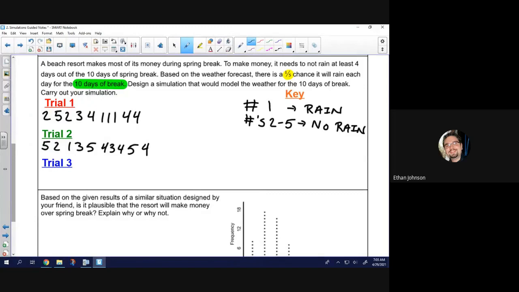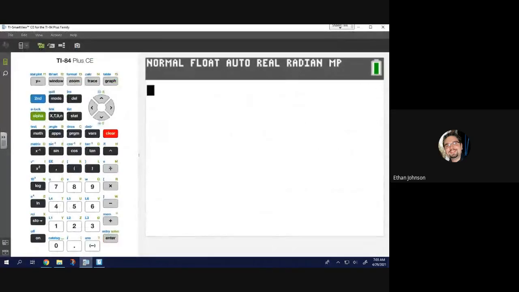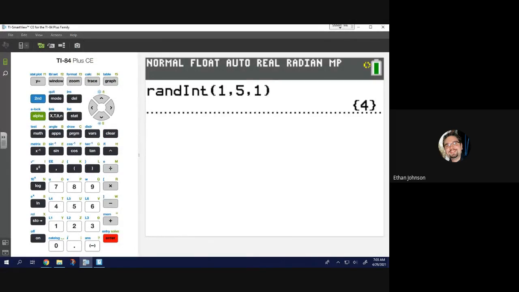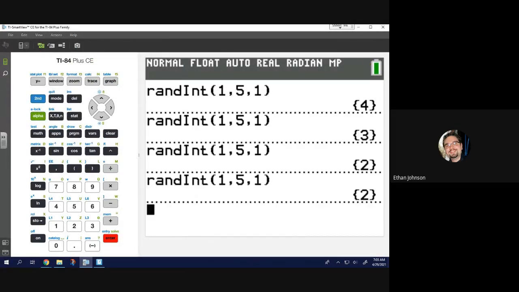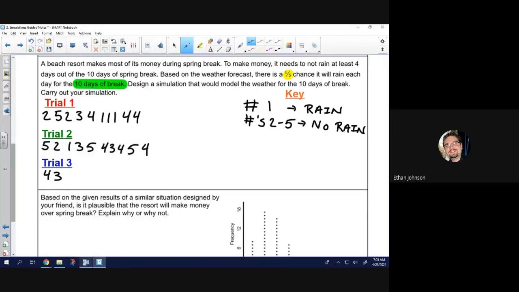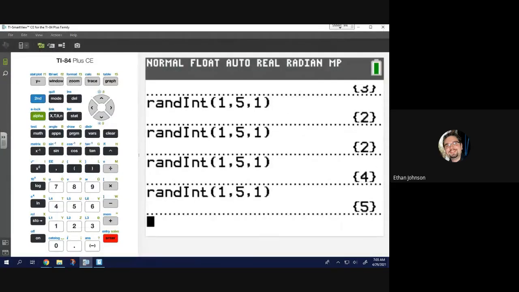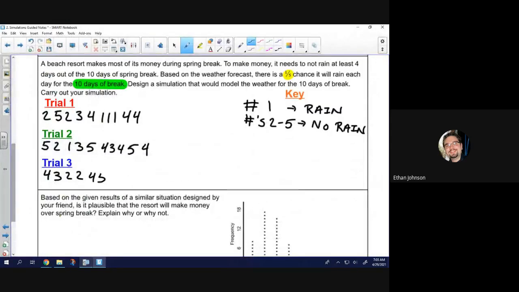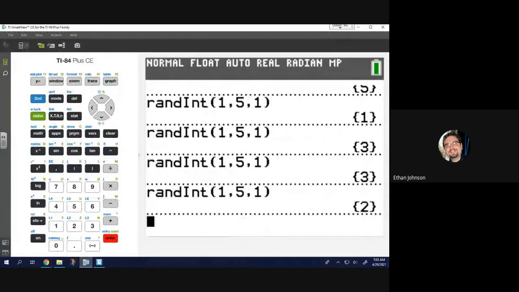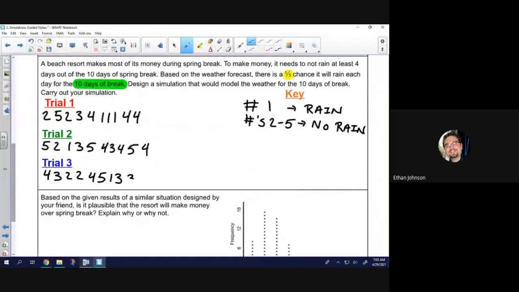And one more trial. Oh. 4, 3, 2, 2. 4, 5, 1, 3. I have 8, so I need 2 more. 3 and a 2. Okay. So we have our numbers.